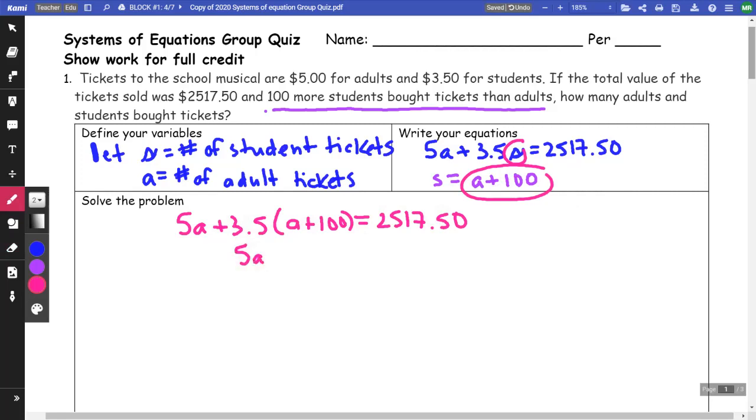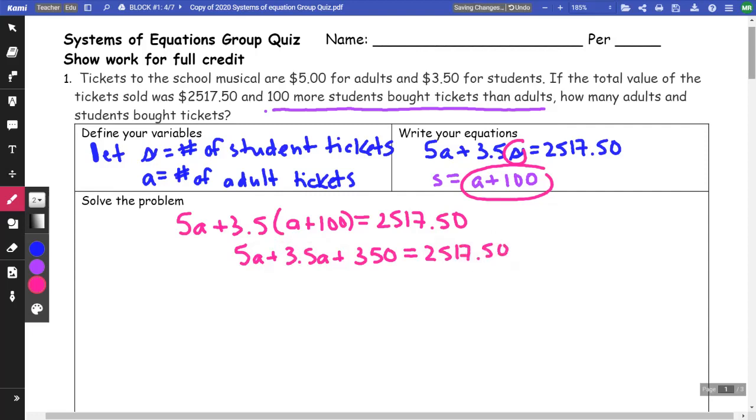So we get 5A. I'm going to distribute my 3.5. So 3.5A plus 100 times 3.5. When you multiply by 100, you really move the decimal two places. So this is going to be 350, equals 2517.50.